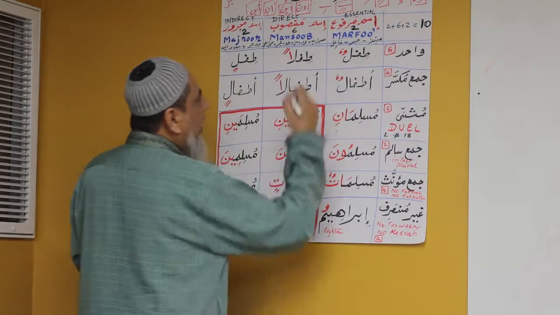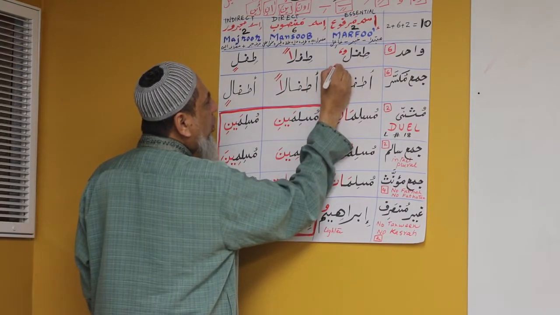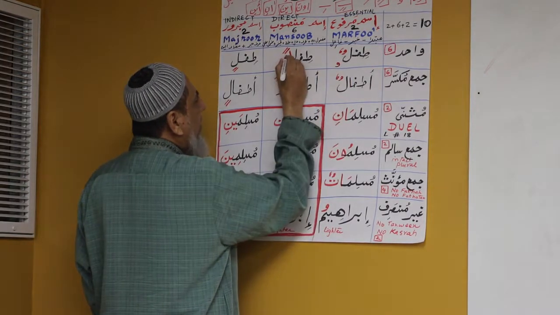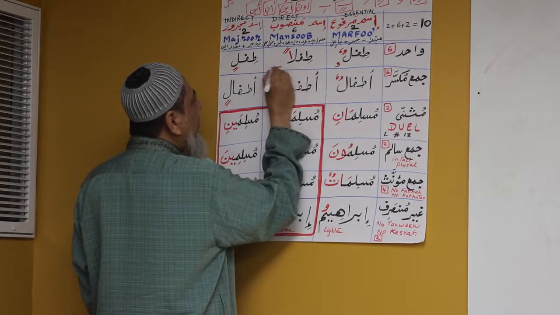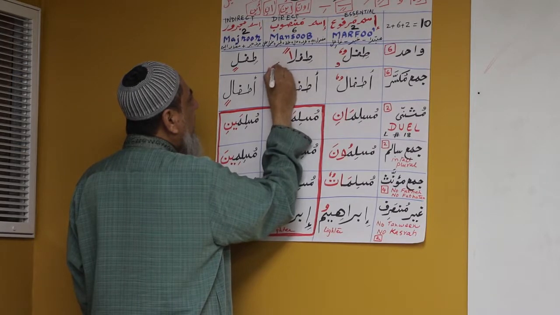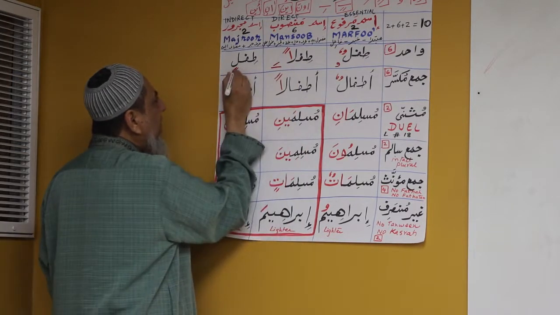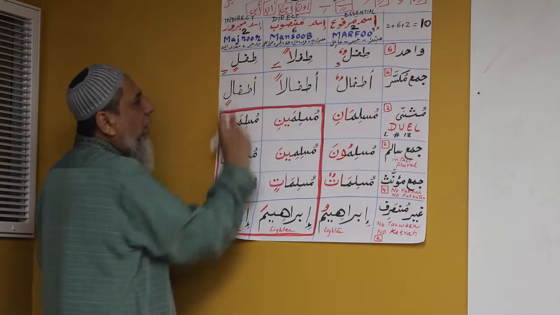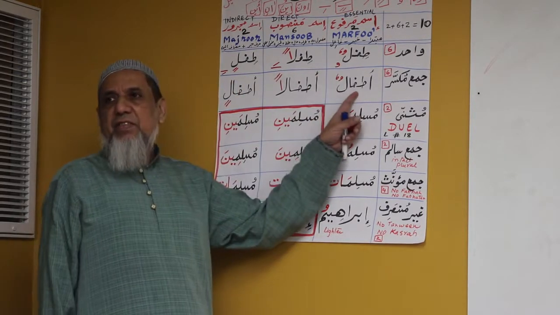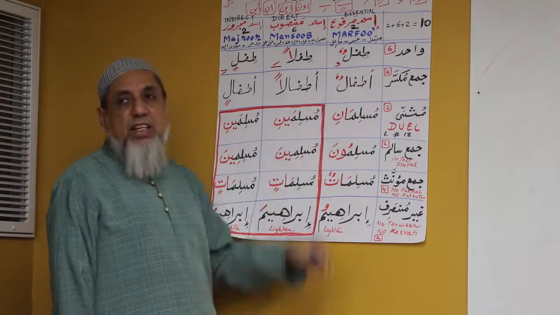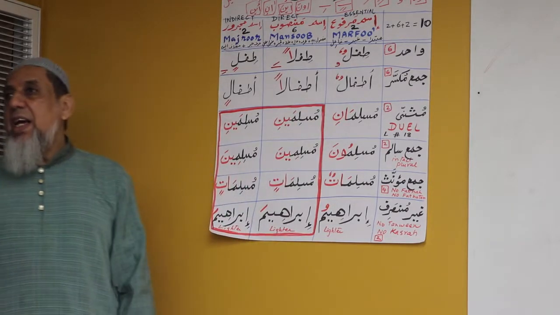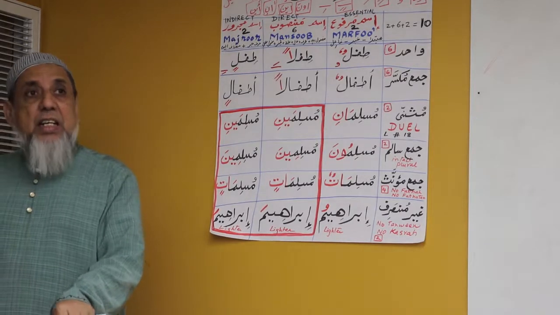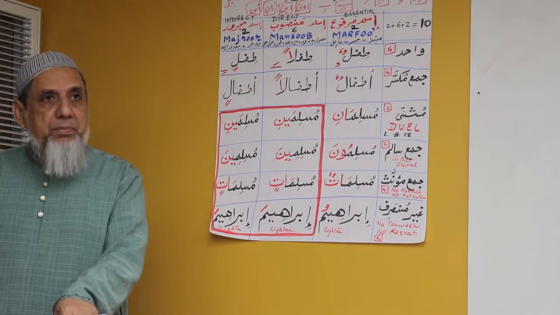Instead of 2 dammas, there is only 1 because of alif lam, and instead of 2 fathas, only 1, and instead of 2 kasras, only 1 kasra here. This last part of the noun is called i'rab.